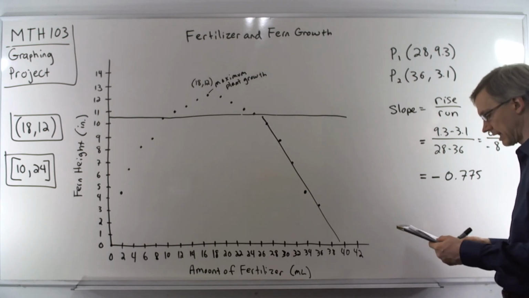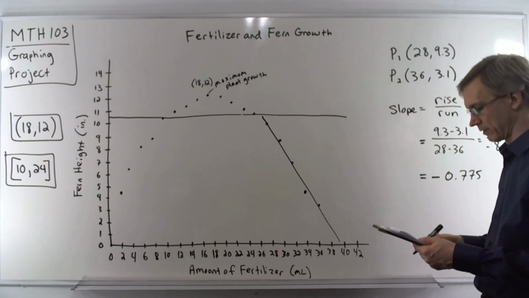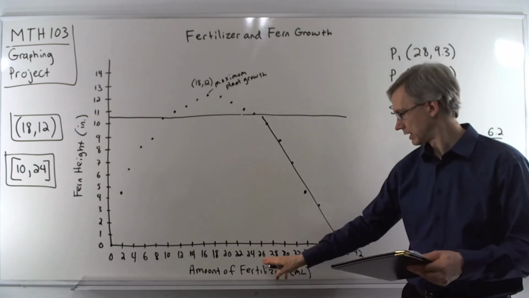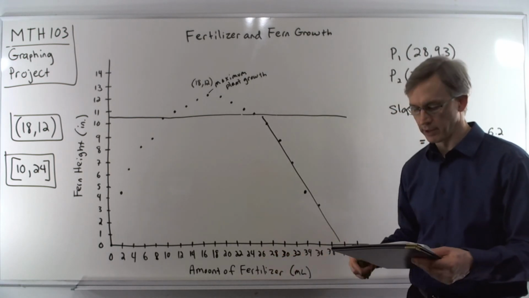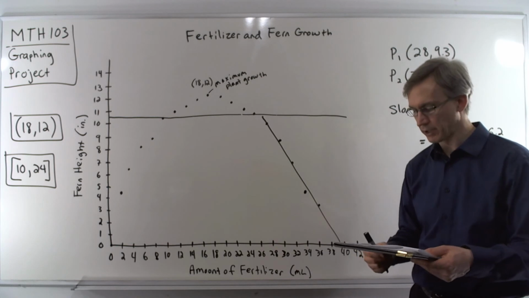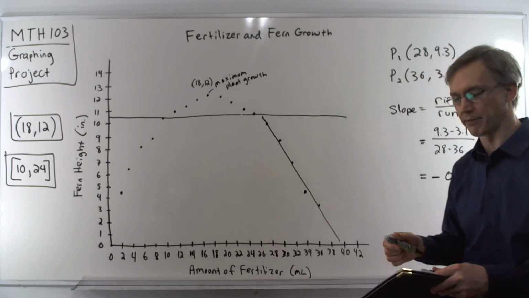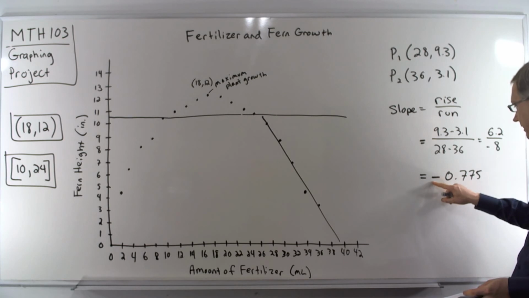So some example translations. If the amount of fertilizer increases by 1 milliliter, then the 1 month plant height decreases by 0.775 inches because it's negative.